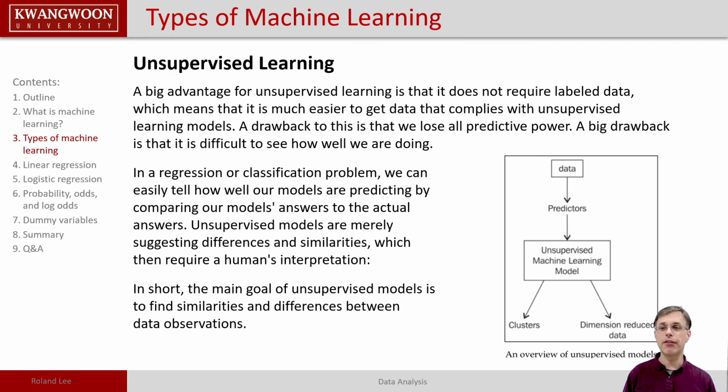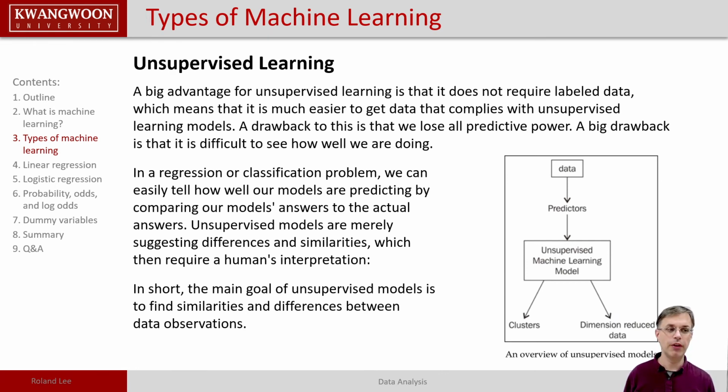Then if our supervised model predicts the price will go up by $1 and it goes up by 99 cents, our model is very, very close. In unsupervised modeling, this concept is foreign because we have no answer to compare our model to.